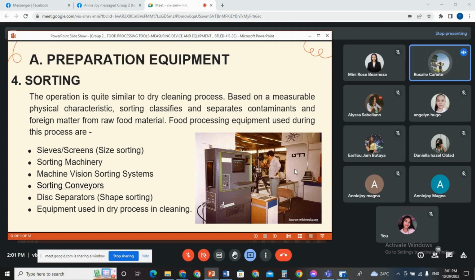Equipment used includes sieve or screen size sorting, sorting machinery, machine vision sorting systems, sorting conveyors, disc separators or shape sorting, and equipment used in dry processing and cleaning. In sorting, you separate items depending on their kind, and the purpose of this machine is to prevent cross contamination.